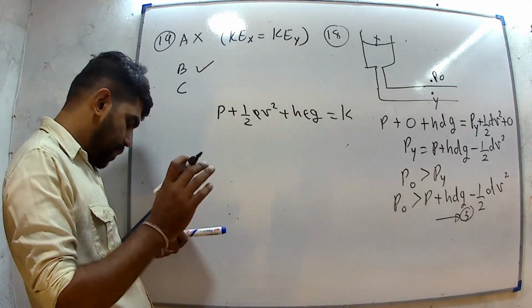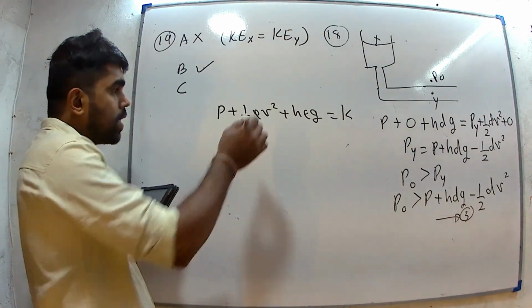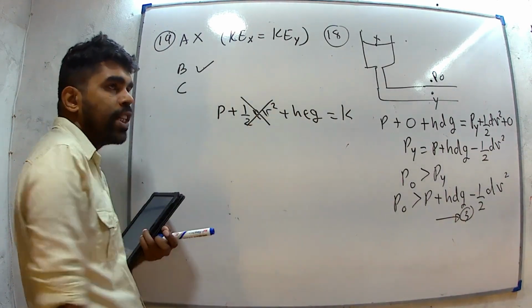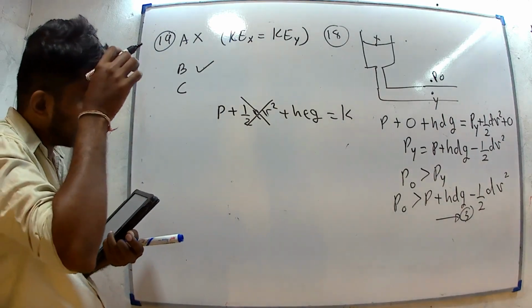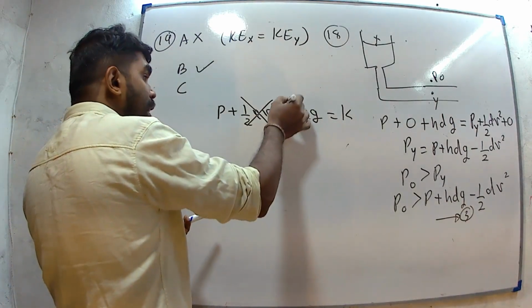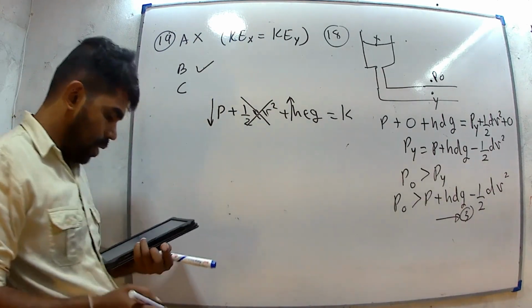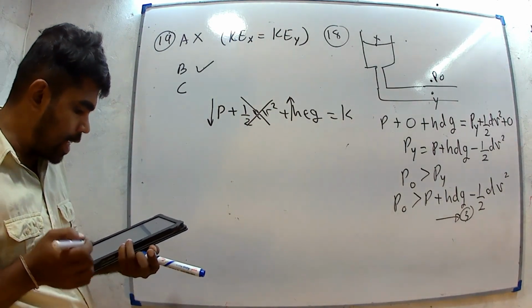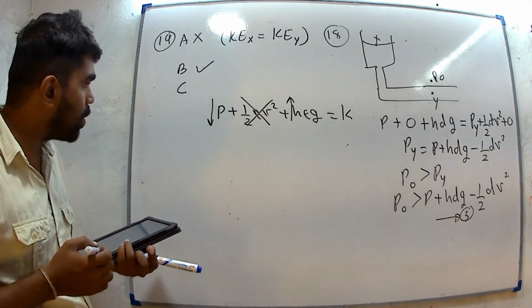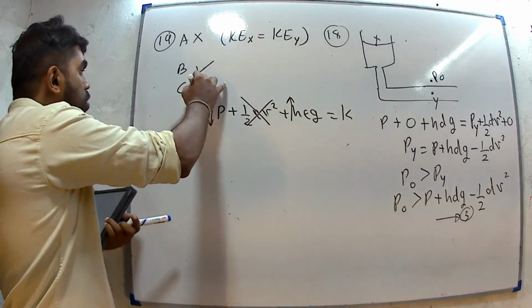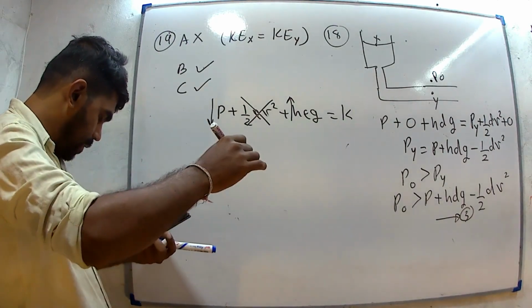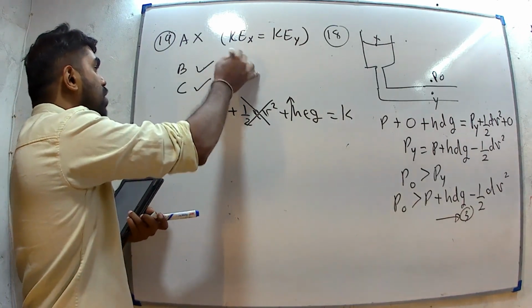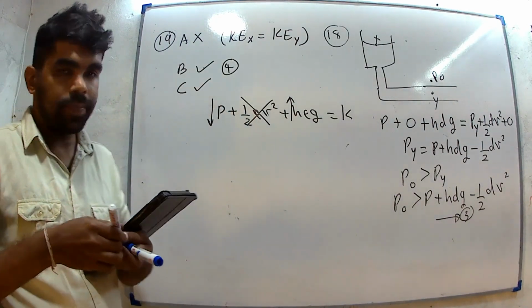When considering x and z, there is the same velocity, therefore kinetic energy is constant. When h is a greater value, P should be a smaller value. Then the pressure at z should be less than the pressure at x. So C is also correct. B and C are correct, so the fourth option is the answer for question number 19.